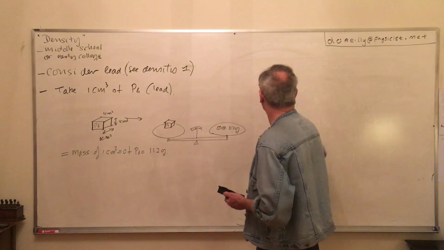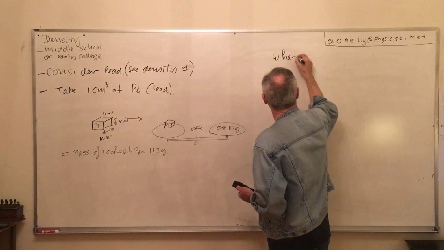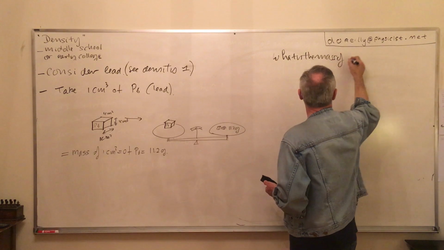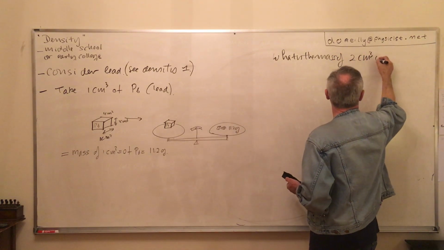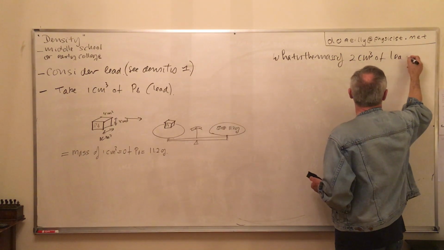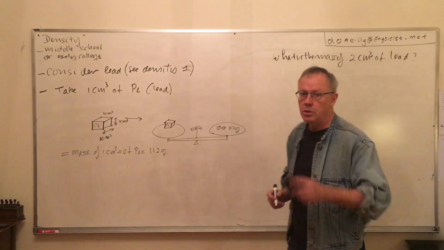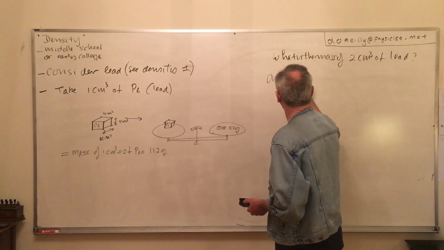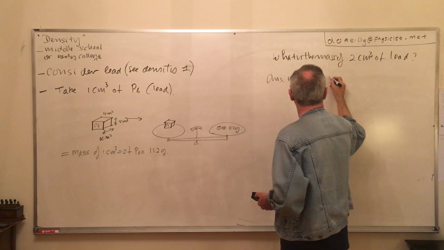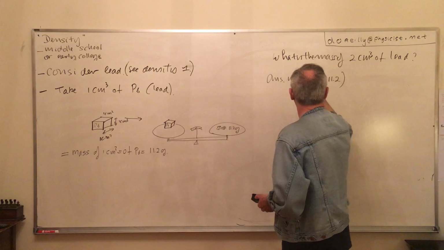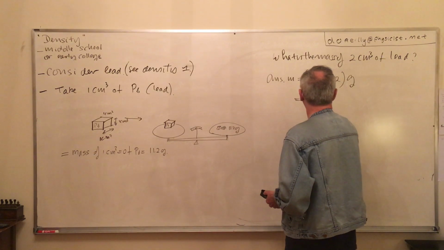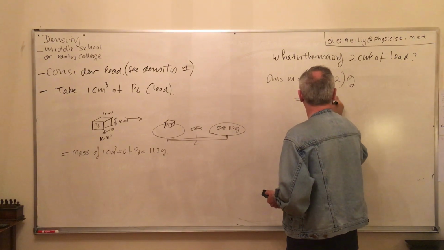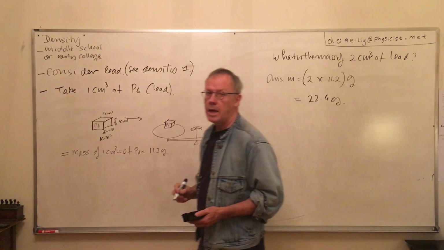So, what's the mass of 2 cubic centimetres of lead? 22.4 grams.